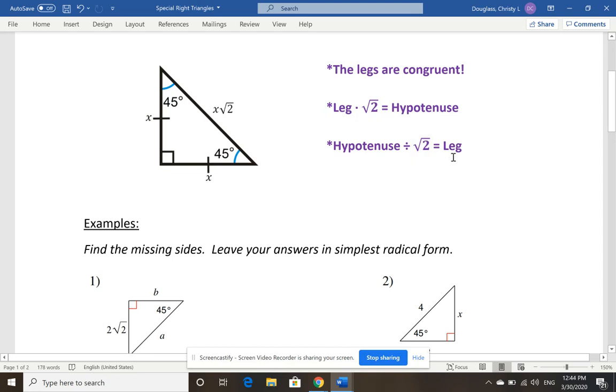If you need to know the leg, but you have the hypotenuse, you simply divide by the square root of 2. It's easy for me to remember because I know that the hypotenuse is the longer side, so I know I'm going to multiply by something if that's what I'm trying to find. I know the leg is smaller than the hypotenuse, so I know I must divide if I'm trying to find the length of the leg.